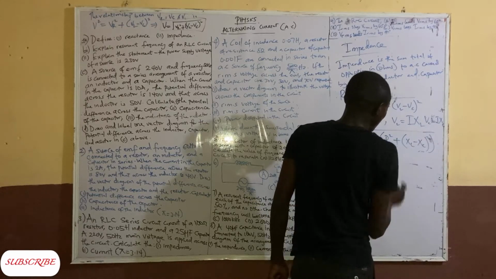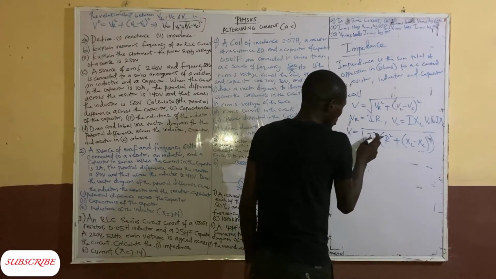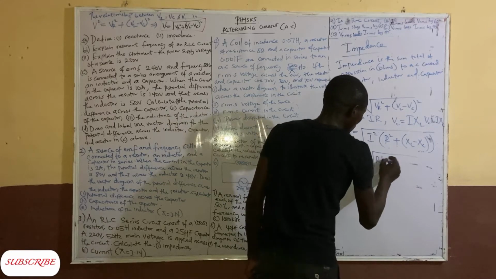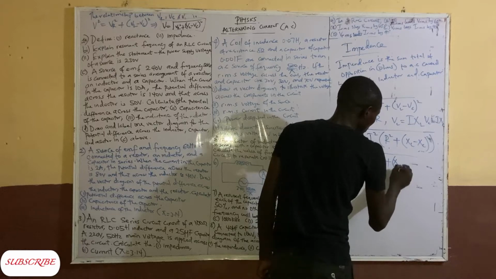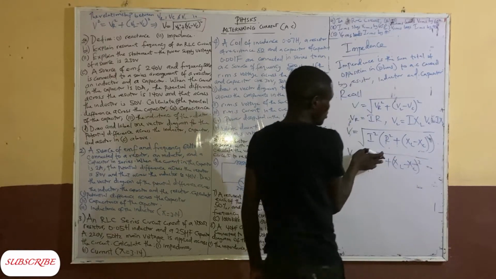So big bracket now, and everything else was outside. So V equals I times the square root of R squared plus XL minus XC, all squared. So that is what we have left in the bracket now.